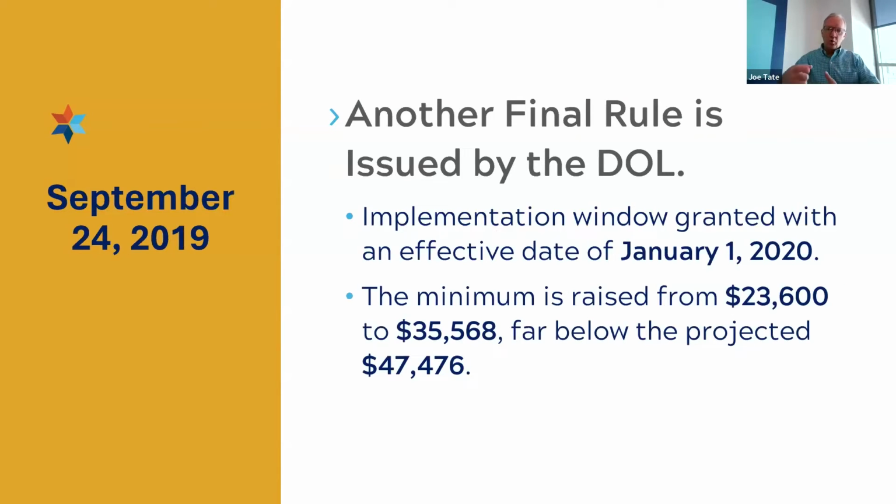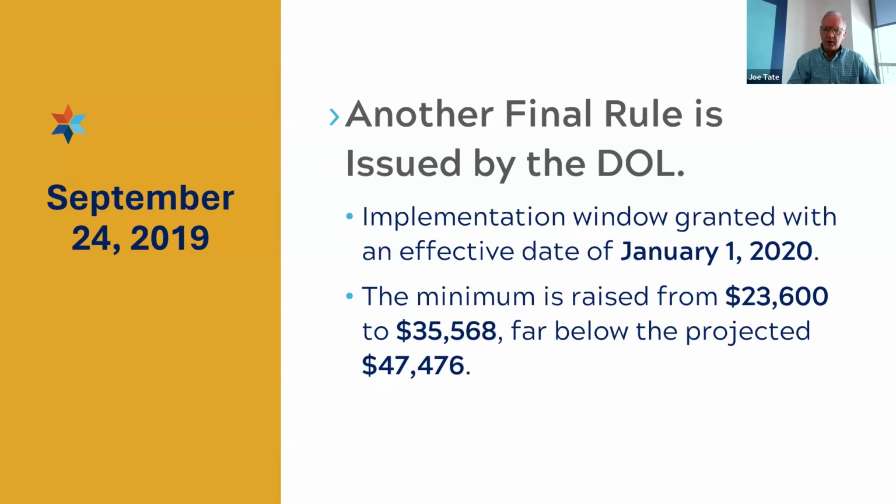Then fast forward to September 24th, 2019, when the DOL backed off and issued a different final rule. They gave a little over a 3-month implementation window, meeting in the middle, with an effective date of January 1st, 2020.